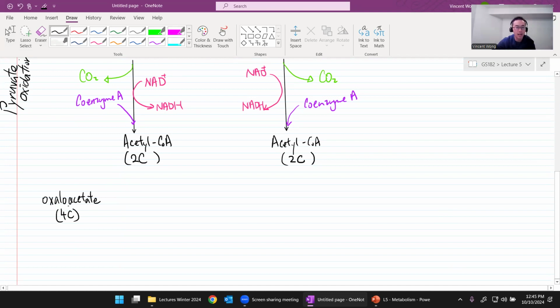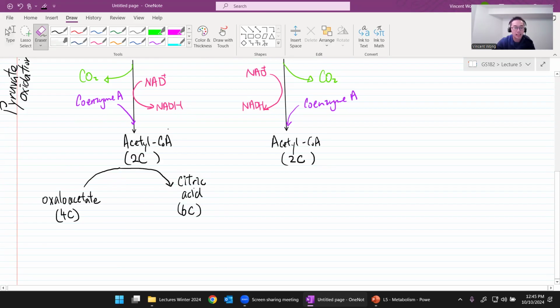This is called oxaloacetate. And it's going to combine with acetyl-CoA. And when that happens, 4 plus 2 is going to be 6 carbon again. And this is citric acid. Okay, so that's why the Krebs cycle is also called the citric acid cycle, because it's the first product that's formed in the cycle.